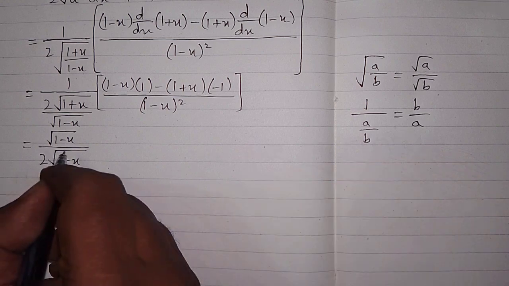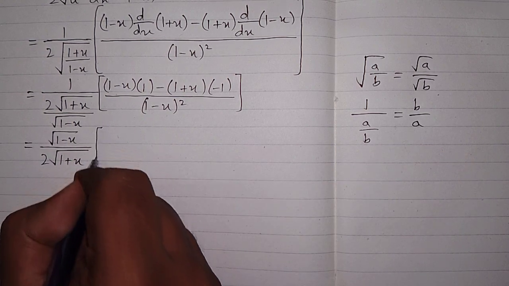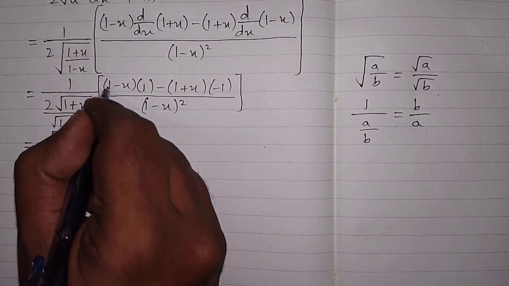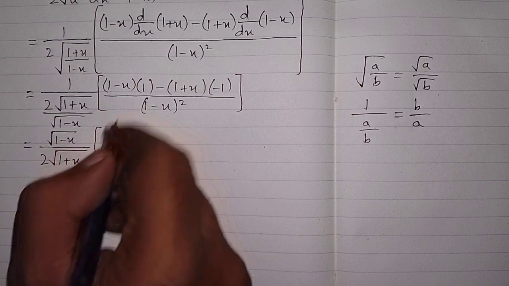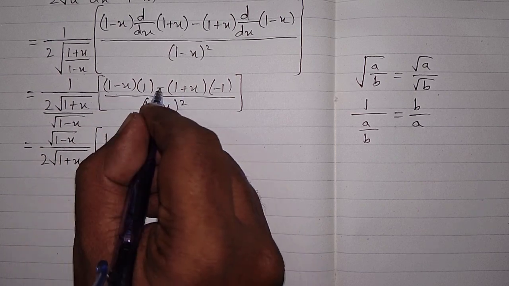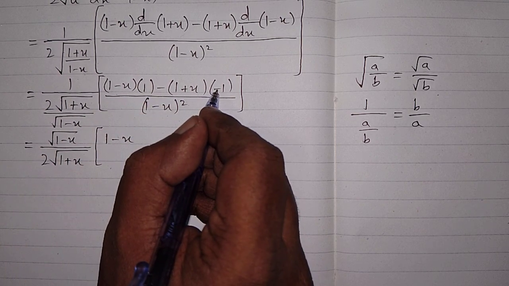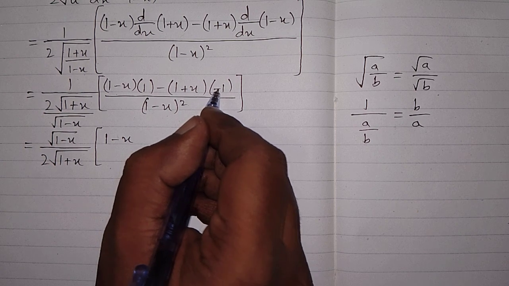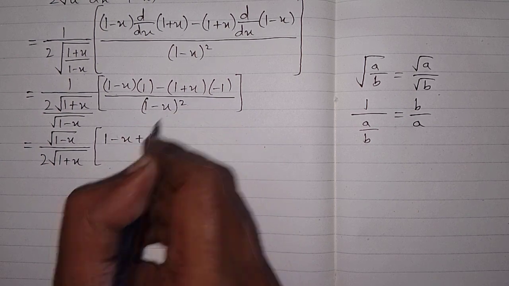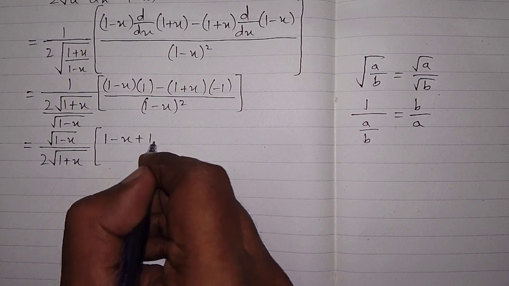So we can apply this rule over here, and then 1 times 1 is 1 and minus x times 1 is minus x, and minus multiplied by minus 1 is plus 1, and 1 multiplied by 1 is 1, and 1 multiplied by x is x.